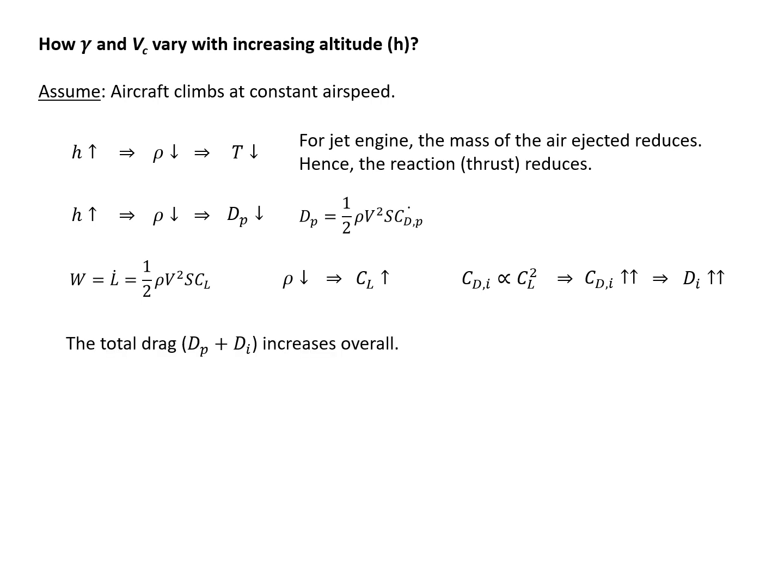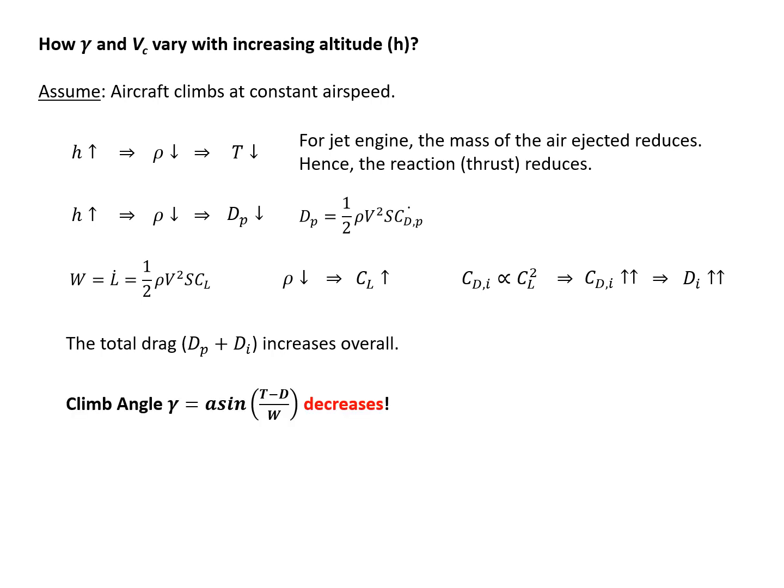So finally, the total drag will increase overall because Dp is a first order decrease, but Di increases faster. We have two arrows here as indication. So the total drag increases overall.